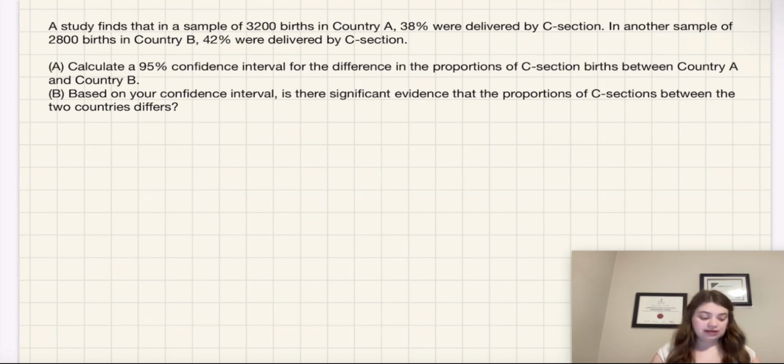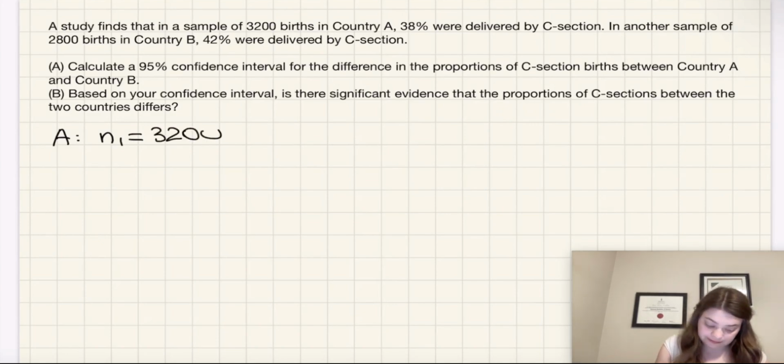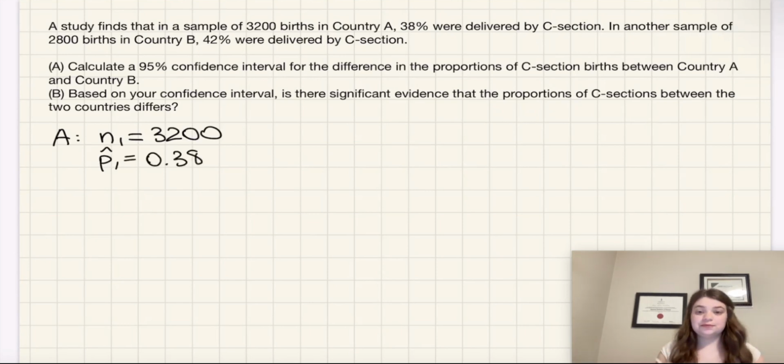So let's review what is the data given. For country A, the sample size was 3,200. And for P1 hat, it is 0.38 because 38% of these women ended up delivering by C section in this case.